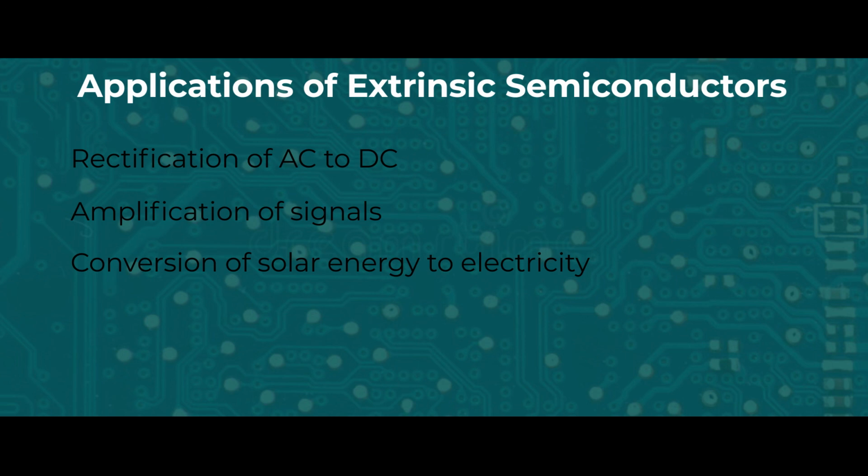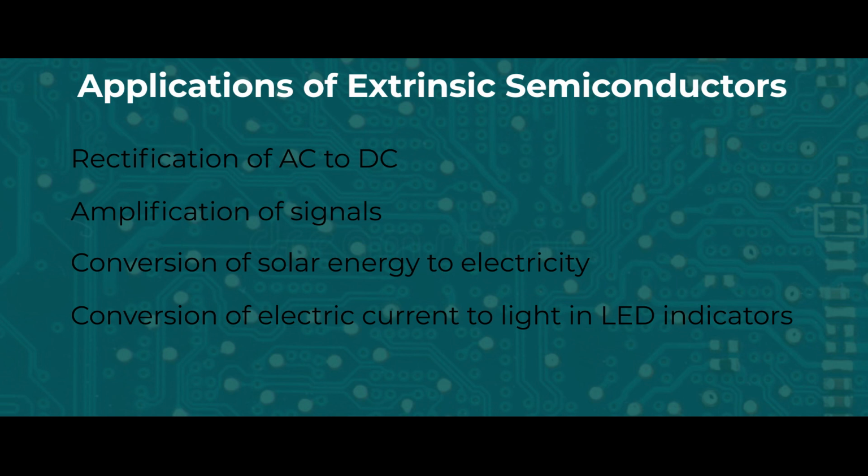Then we can also convert electrical energy to light energy, like in LED indicators or in LED bulbs. So these are a few applications of semiconductors that I have shown here. There are many more applications. You can try to explore some more applications of semiconductors.